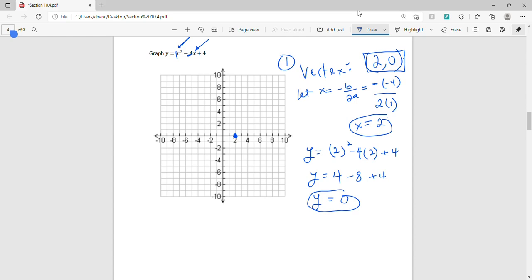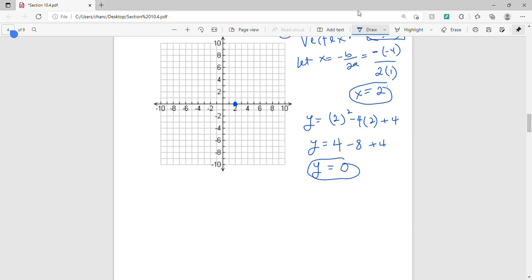And now the next step is to find the x-intercept. To find the x-intercept, we set the original equation, we're going to let that y be equal to 0. So we have 0 equals x squared minus 4x plus 4.